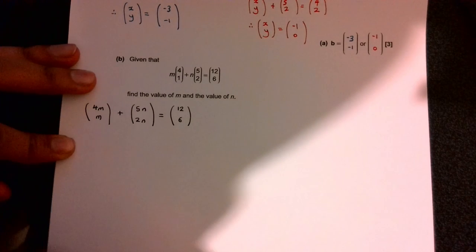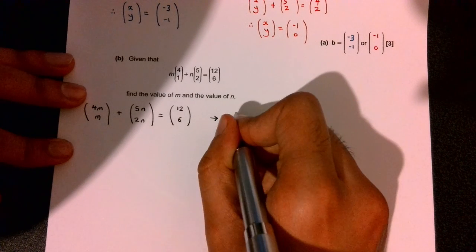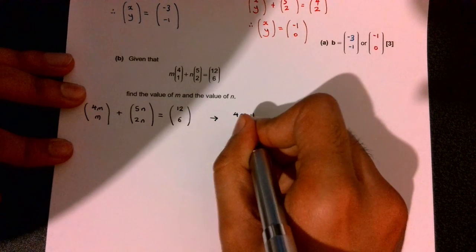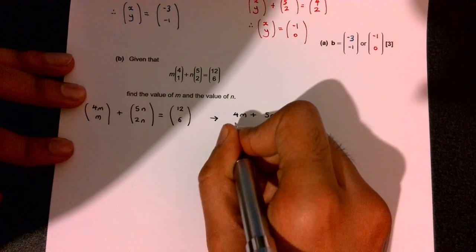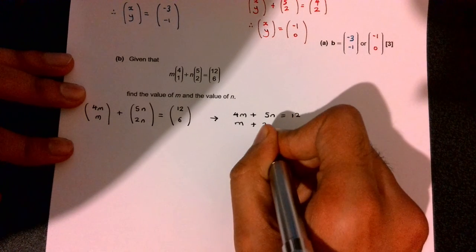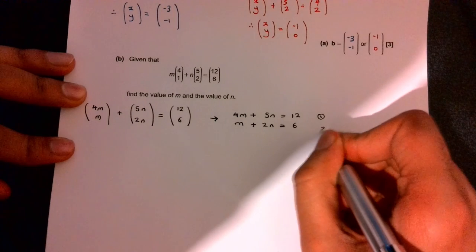Comparing the components, on the top we have 4m plus 5n equals 12, and on the bottom m plus 2n equals 6. We'll call these equation 1 and equation 2.